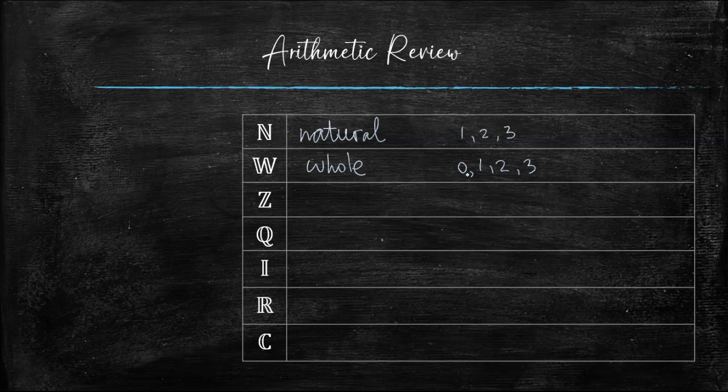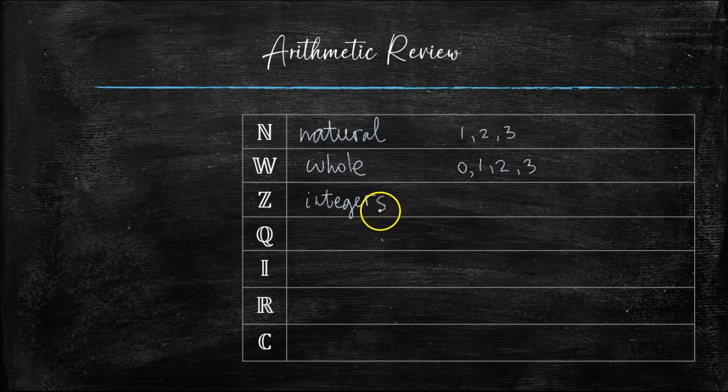So for that reason, 0 was introduced into the family of numbers. But by then, we already have developed certain habits, and instead of changing the set of natural numbers, we just introduce a whole new set of whole numbers. The next set is the set of integers.